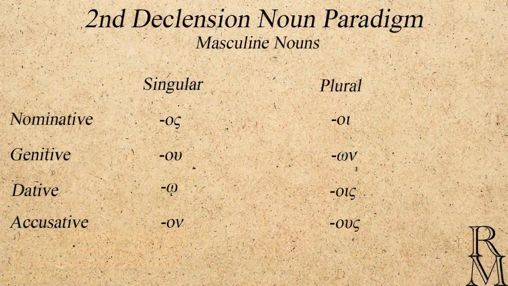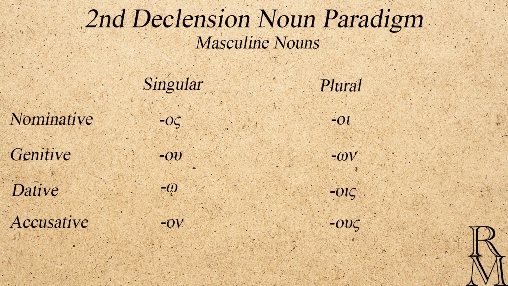You parse out verbs, you conjugate verbs, but you decline nouns, just as a way of some of your grammar terminology.